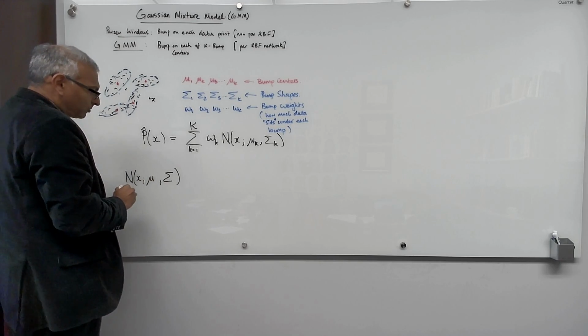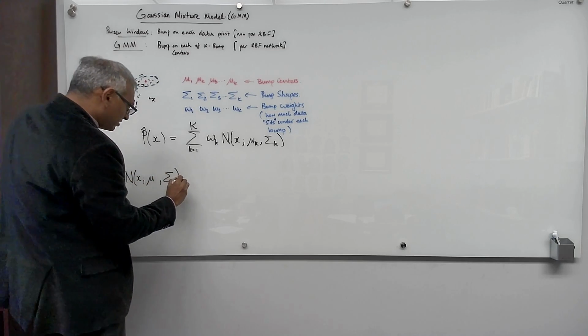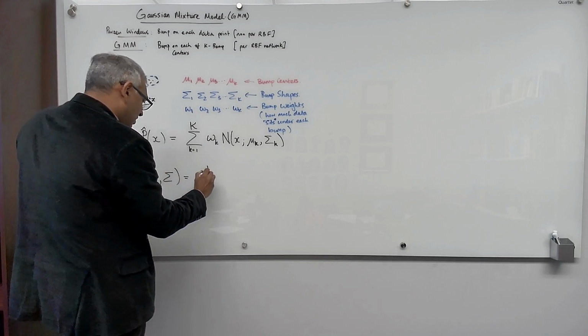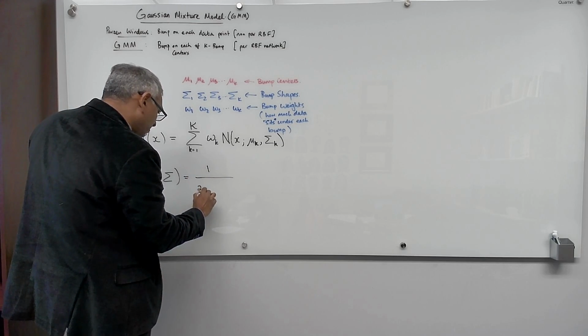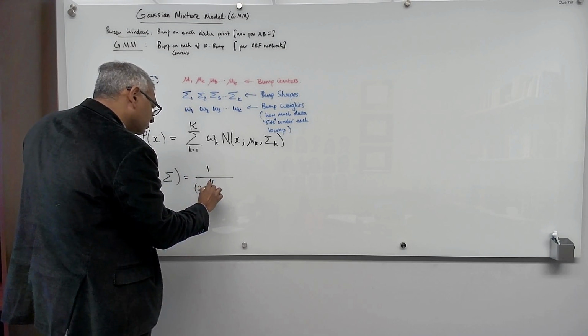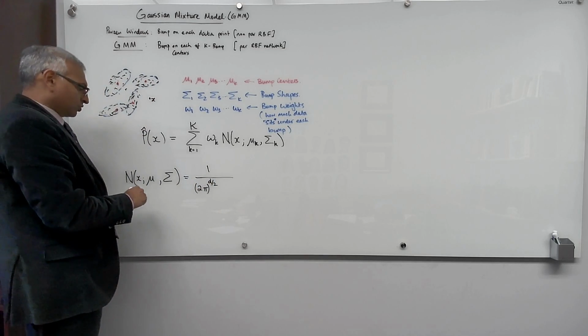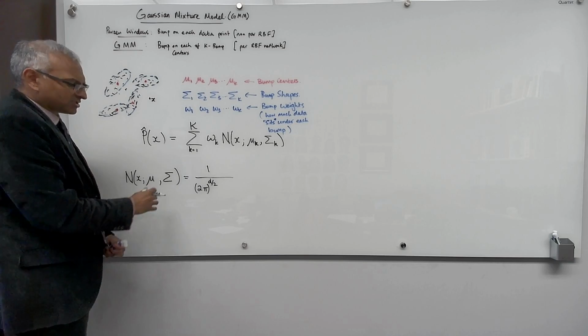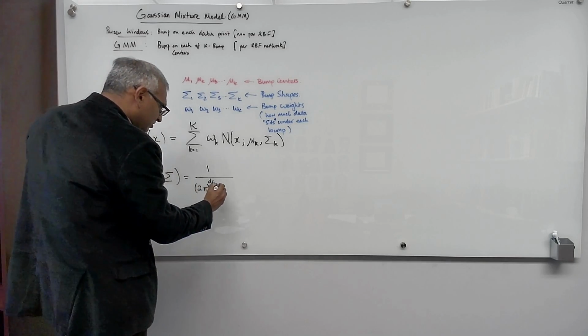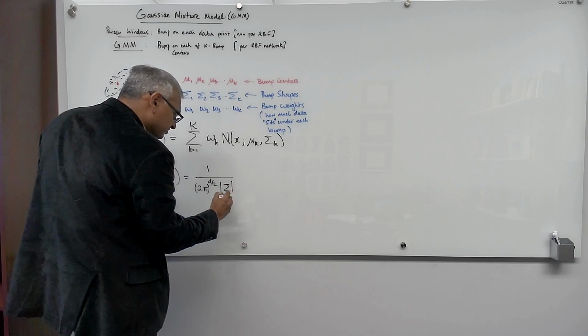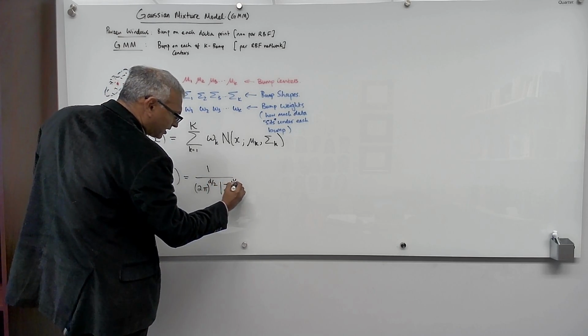So the Gaussian distribution is given by 1 over 2 pi to the d over 2. I'm giving you the general version, in some arbitrary dimension d. The determinant of sigma, so this is the notation for the determinant of sigma, to the 1/2.